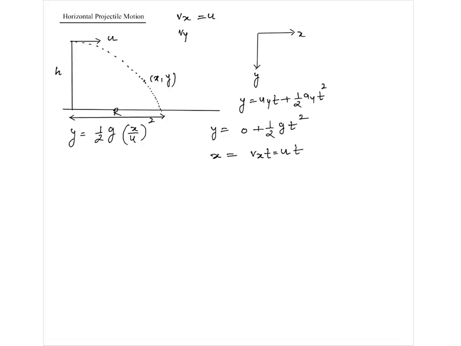So when y becomes h, x becomes r, and therefore this is r. If you have any questions, then let me know.